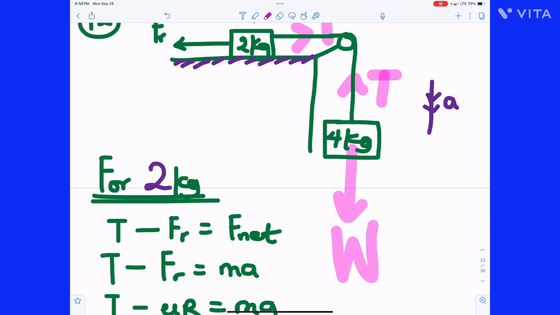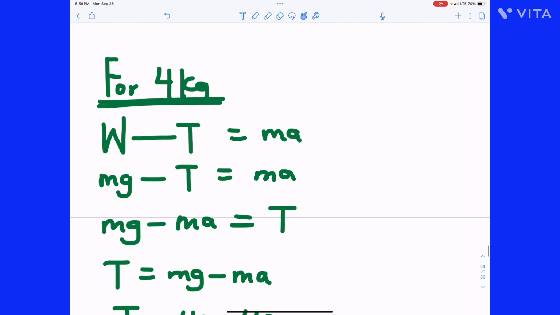Because it moved downward at the end of the day, it means this one beat or defeated tension. So let's go ahead and write our equation. W minus tension is equal to net force. Net force gives it acceleration, ma.